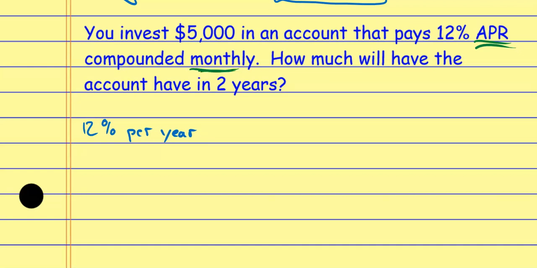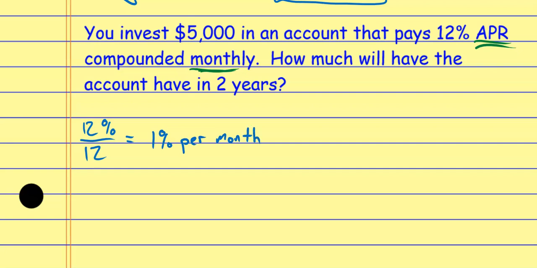So right here, 12% per year, let's convert that to per month. If it's 12% for the year, what is it for each month? And hopefully you can look at that and go, well, all I have to do is divide by the number of months, right? So divided by 12, so that would be 1% per month.